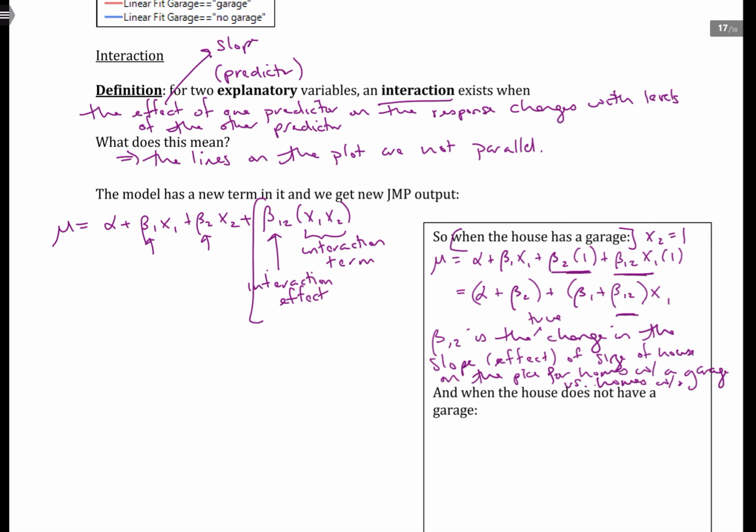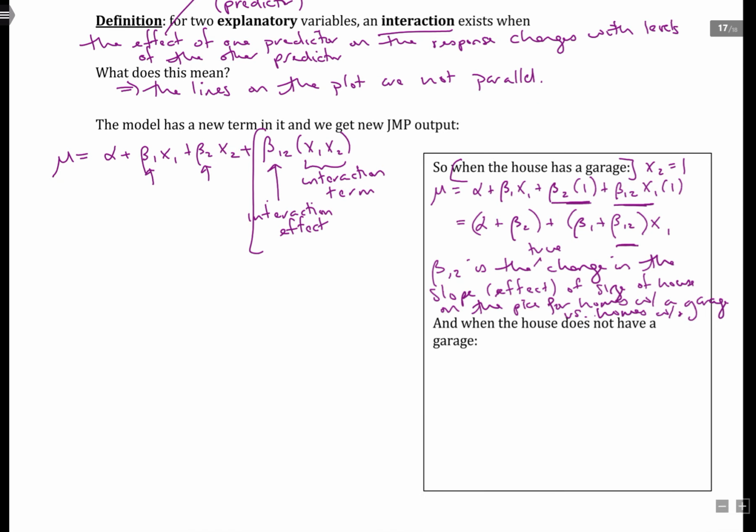So let's see how that really compares. When the house does not have a garage, that means x2 equals 0. So starting off with our same model, mu equals alpha plus beta 1 x1 plus beta 2 x2 plus that interaction term in there, beta 1,2 x1 x2. With x2 equals 0, we'll just plug in our 0: beta 2 times 0, plus beta 1,2 x1 times 0.